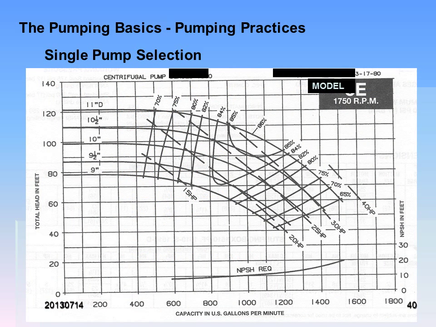So here is an example of a pump curve from a manufacturer. Over here we see RPMs and a model number. Here if you look at GPM along the bottom, you come up and you go over to total head in feet. So in this case, if we are looking for about 950 GPM, we have about 105 feet of head, and you can see our efficiency.